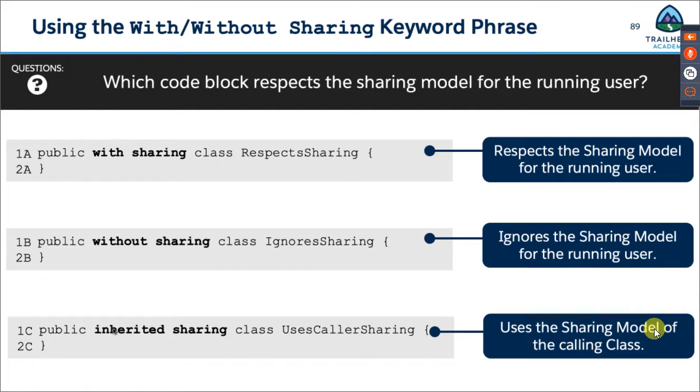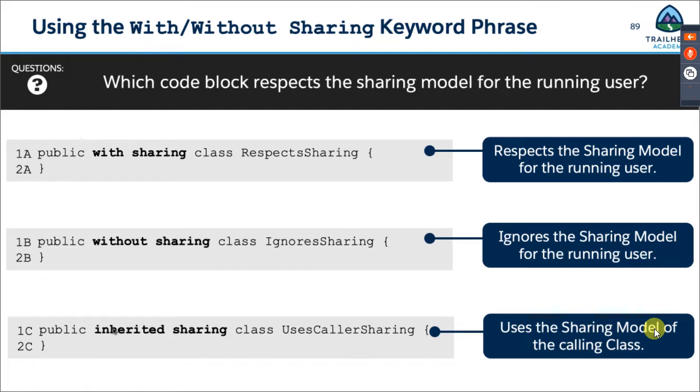So with sharing means with sharing rules enabled, which means if there are 1,000 contacts, but you can only see 50 of them, a SOQL query that you execute in a class annotated with sharing will only retrieve the records that you are able to see, because you are running this code with the sharing rules enabled. And sharing rules say you don't have access to any records except these 50 records.